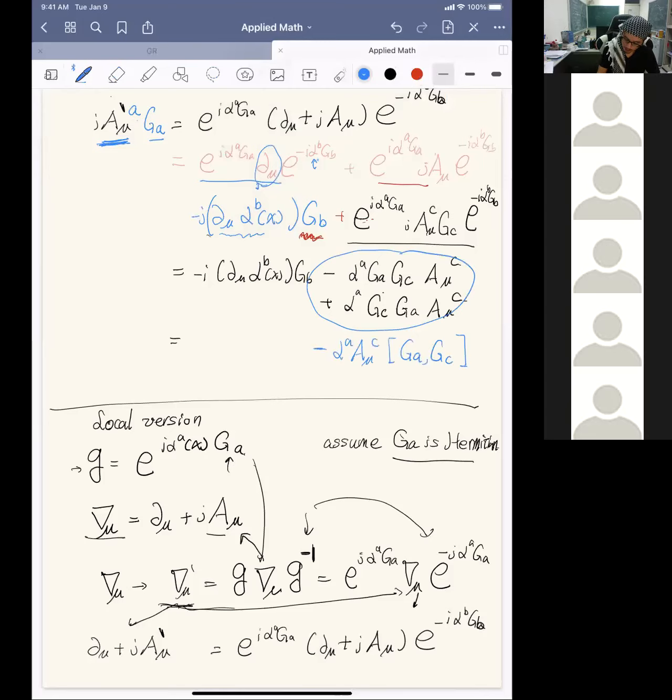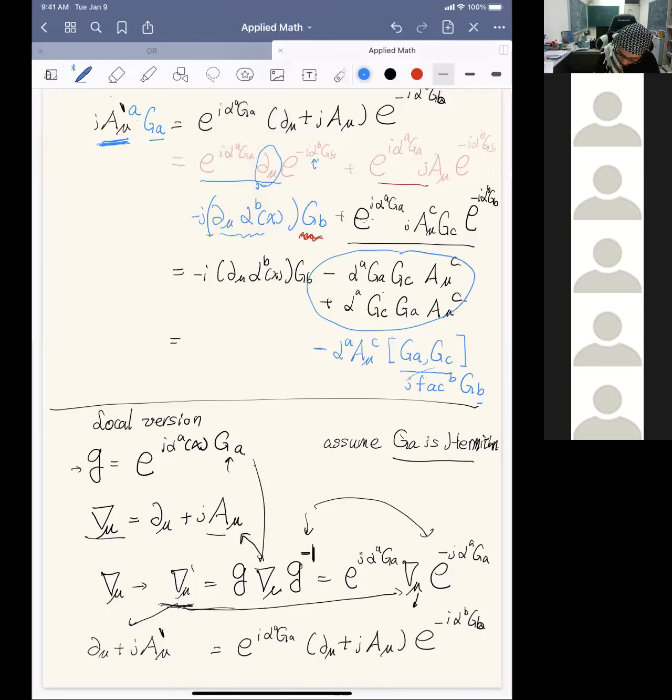But you know what GA GC is? GA GB is just i alpha, let me call it B, GB. The commutator of the two generators is once again expandable on the generator itself with this extra linear proportionality coefficient. So now we're ready to put everything together.